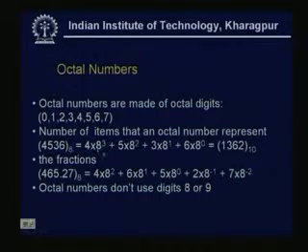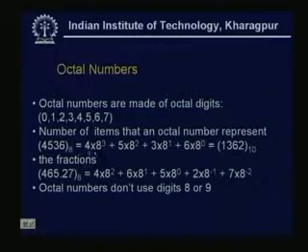The base is 8 and the positions are the same. If it is 4, 5, 3, 6, then 6 is the 0th position because there is no fraction here, 3 is in the first position, 5 is in the second position, and 4 is in position 3.